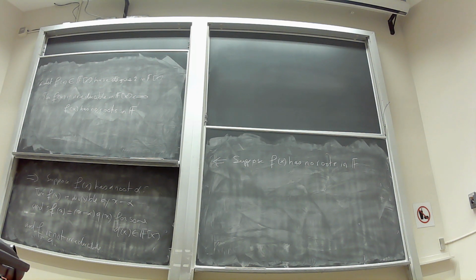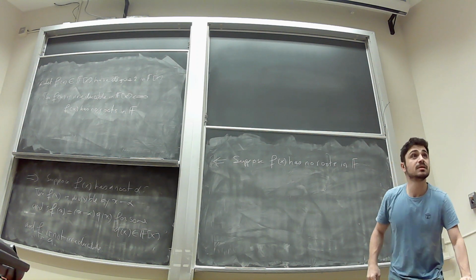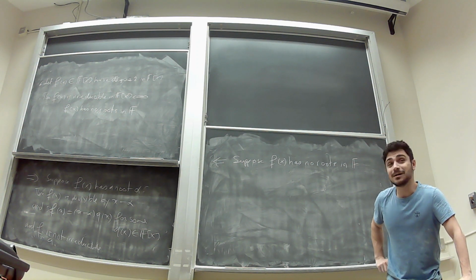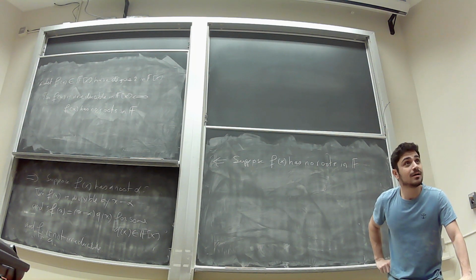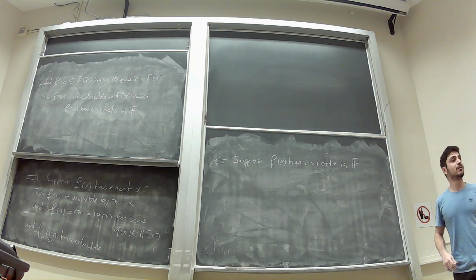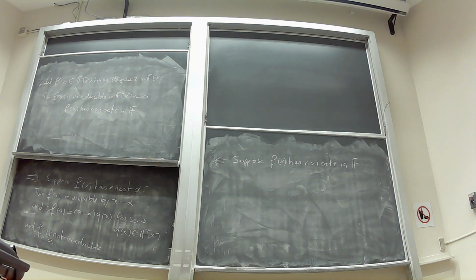You have a degree 2 polynomial and it has no roots. How do you show you cannot factor it? You can't factor it since you can't write x minus alpha. Exactly, such an alpha just doesn't exist. Okay, that's good, but does it work for higher degree polynomials? If you have something of degree 4.